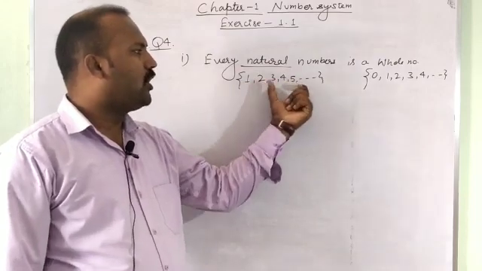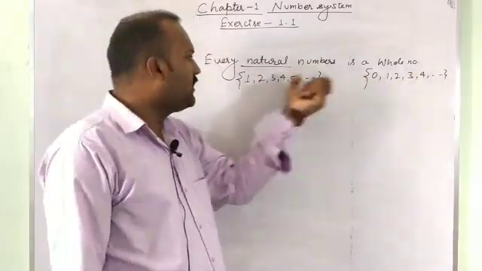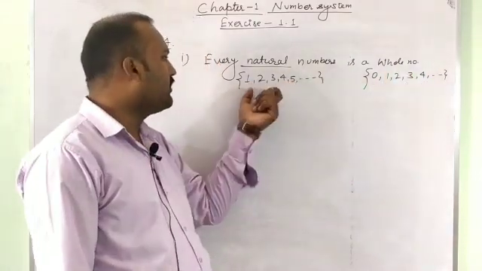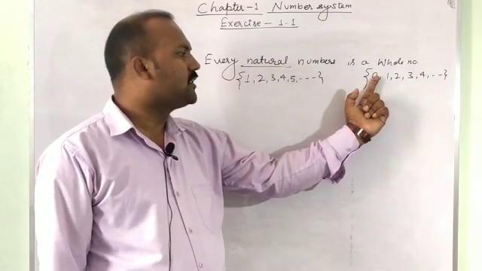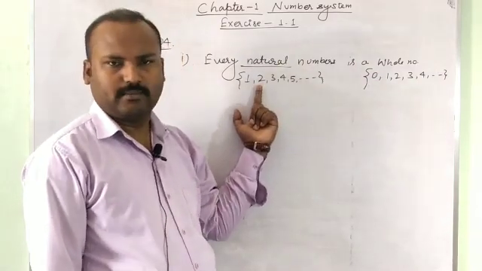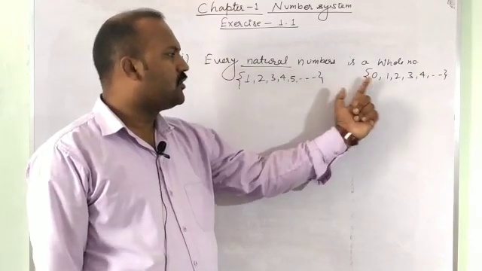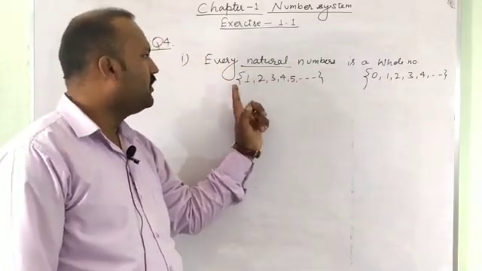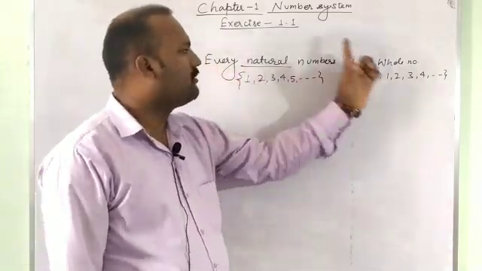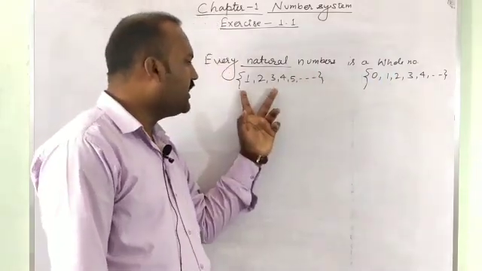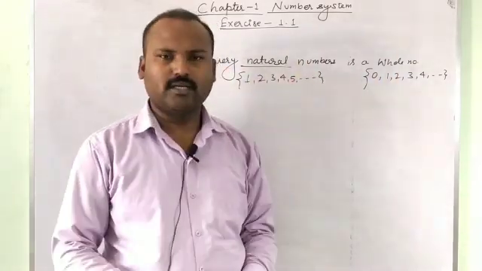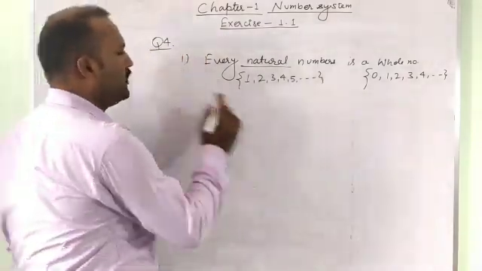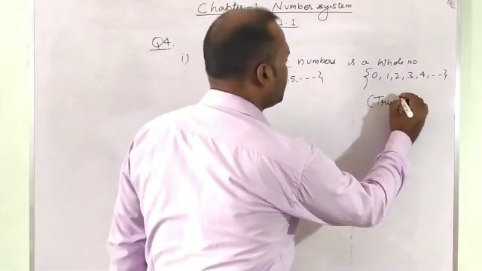All the natural numbers belong to the whole numbers. It means every natural number is a whole number, but every whole number is not a natural number, because this 0 does not belong to the set of natural numbers. This 0 is not a natural number, so we can't say that every whole number is a natural number, but we can say that every natural number is a whole number, because every natural number belongs in this set. It means the first statement is true.